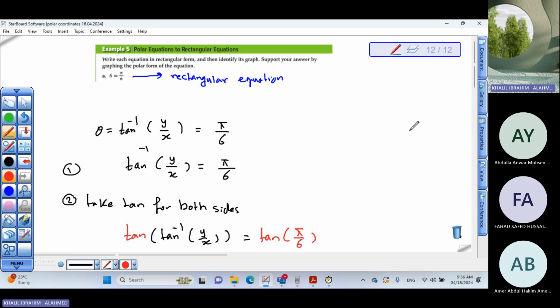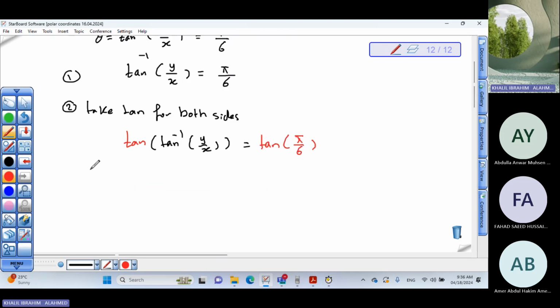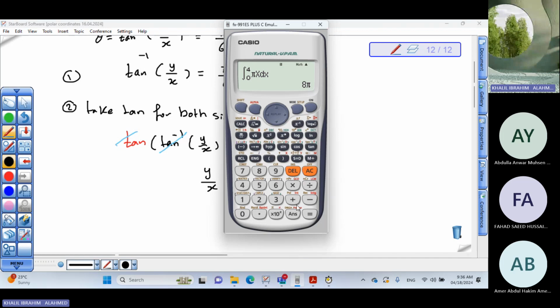Tan and tan inverse cancel together. What stays here? y over x equals tan of pi over 6. We can find tan of pi over 6.